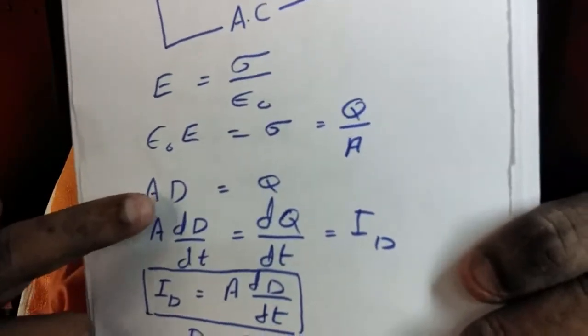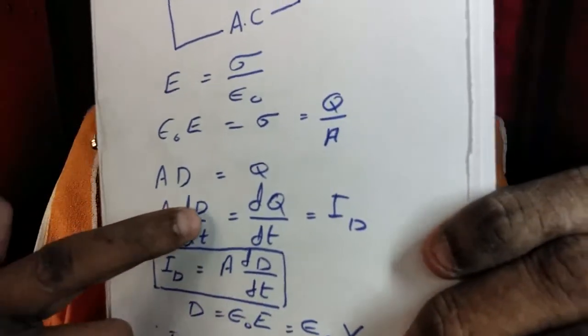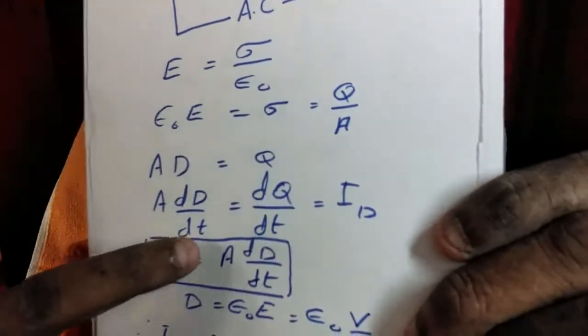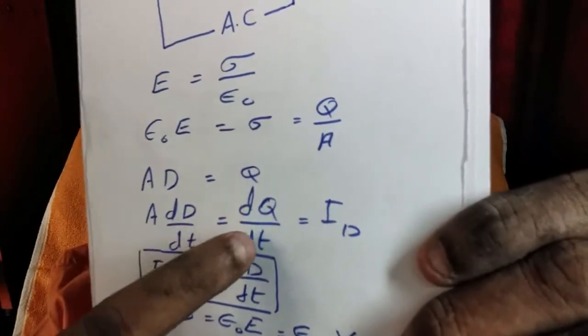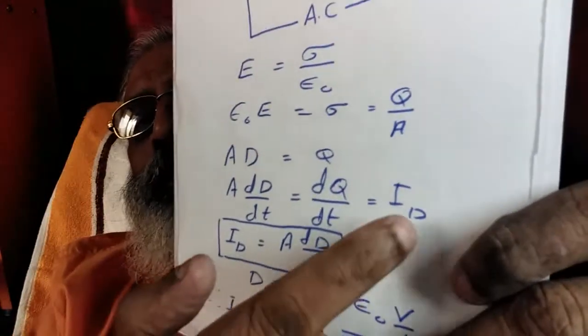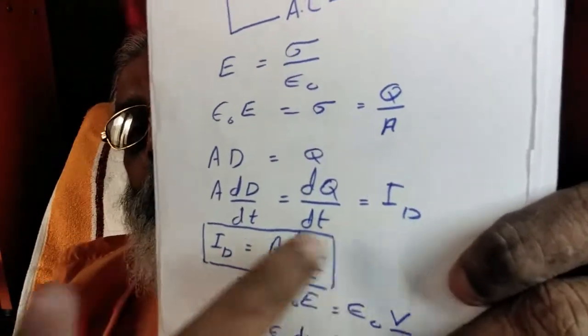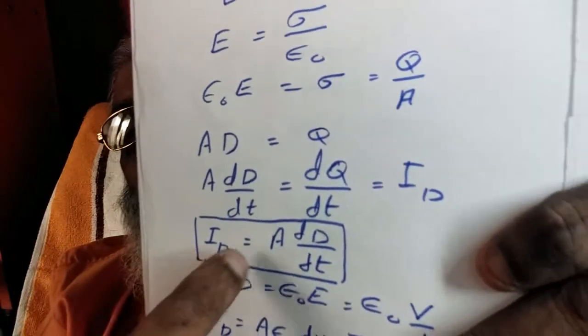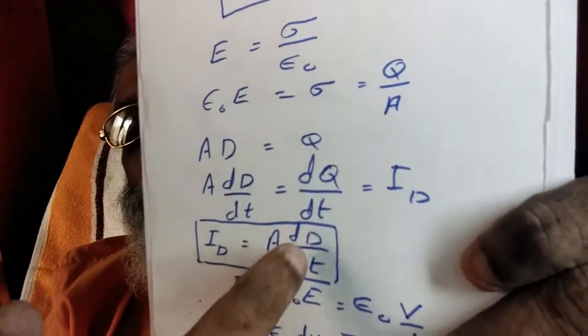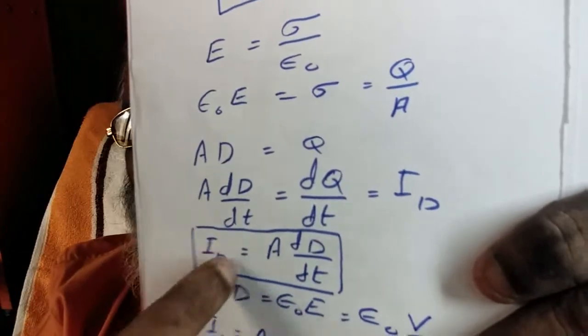A is a constant, so A into dD by dt equals dQ by dt. dQ by dt is nothing but the strength of current, I. So I call it I_D. That means I_D equals A into dD by dt. This I_D is known as displacement current.